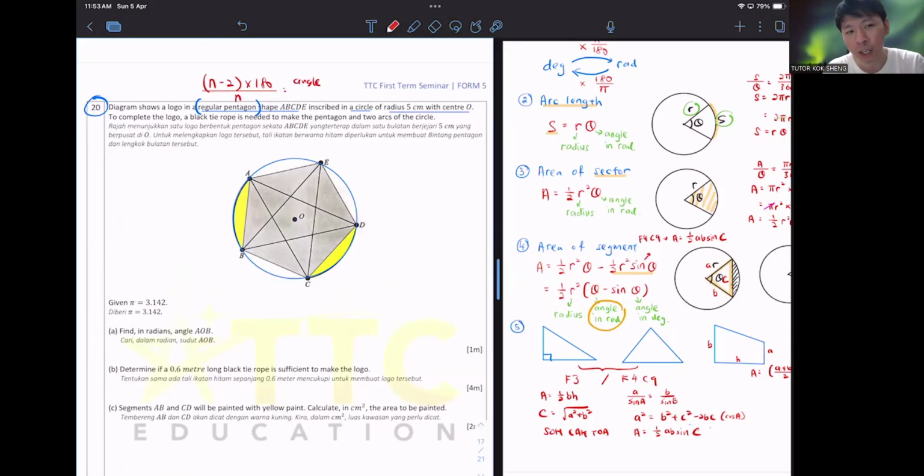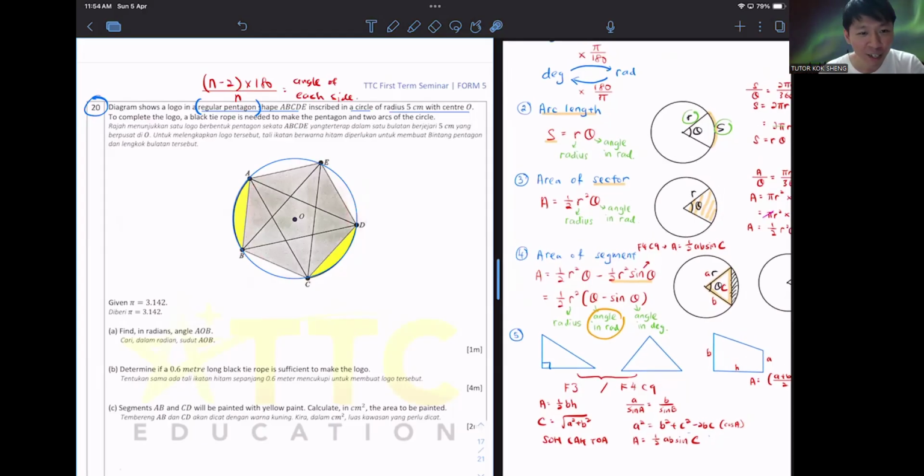Correct me if I'm wrong. N minus 2 times 180 gives you the total angle for all these five sides, and you divide by the number of sides, and you should get each angle.